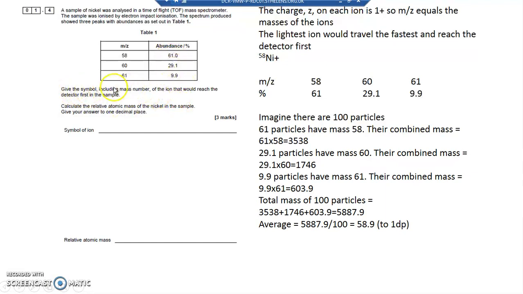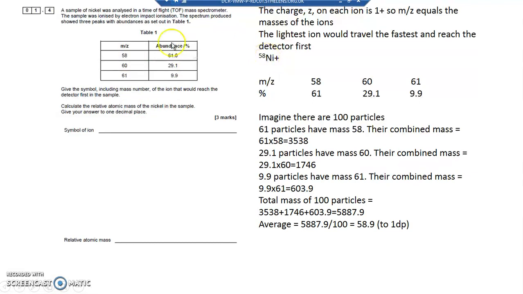Sorry, I need to backtrack here: give the symbol including the mass number of the ion which will reach the detector first in the sample. That's the lightest one, so the lightest one travels the fastest. They've all got the same kinetic energy, the same amount of movement energy, so the lightest one goes the fastest. So that's 58Ni1+.